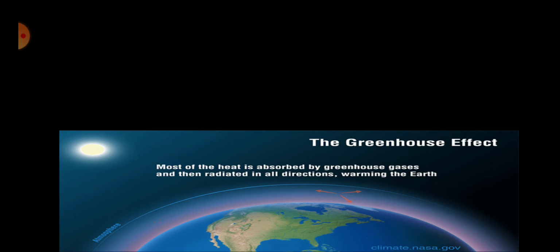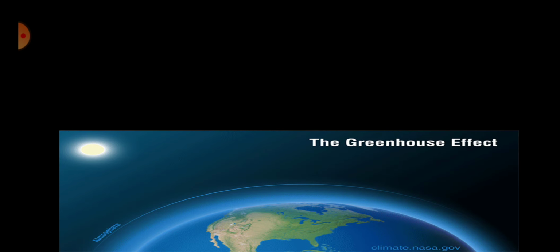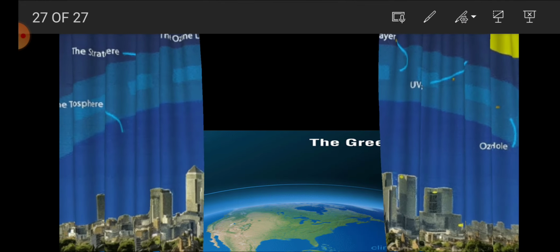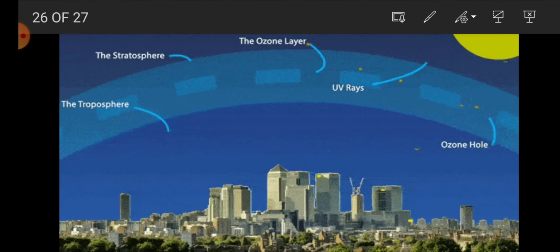Carbon dioxide will absorb these rays, and this will cause environment pollution. The greenhouse effect leads to global warming also. Due to global warming the polar ice will melt. This leads to floods.